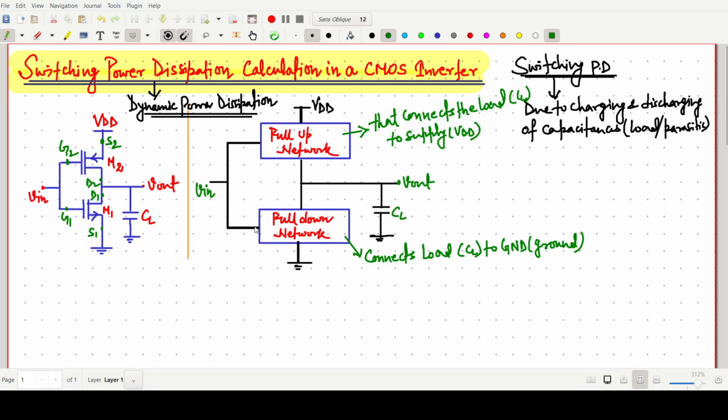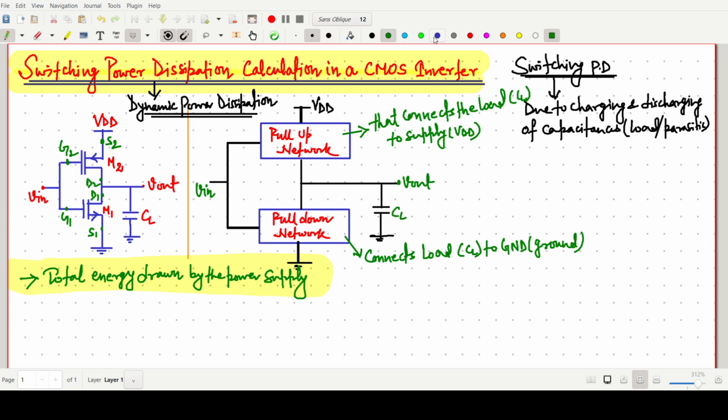So the first thing we have to find is the total energy drawn by the power supply. Very important thing: total energy drawn by the power supply.